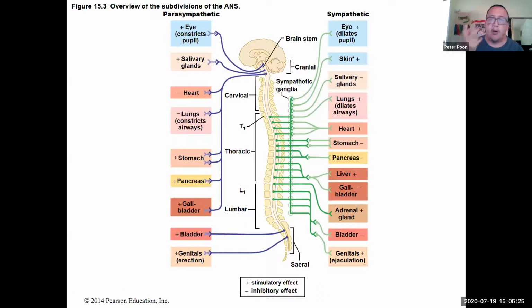I can tinker with the system however I want. So I'm going to have a long fiber here, go through each individual organ, and then at each individual organ, I'm going to have one more here so I can tinker with it exactly the way I want it. So I can modulate my responses in the parasympathetic.